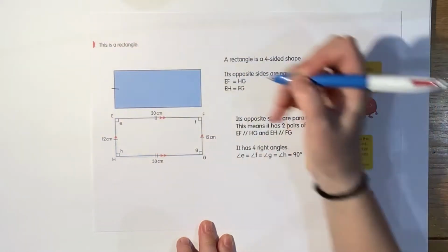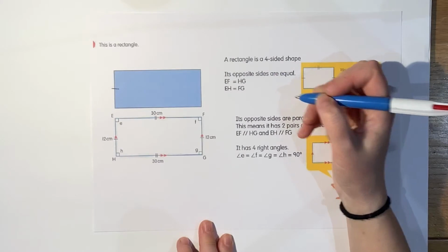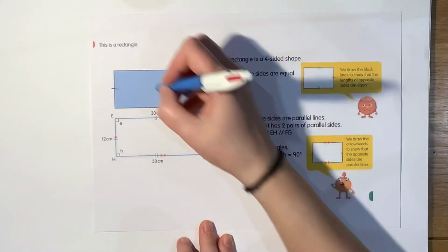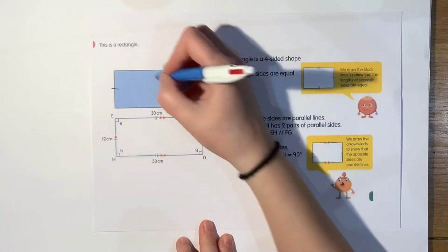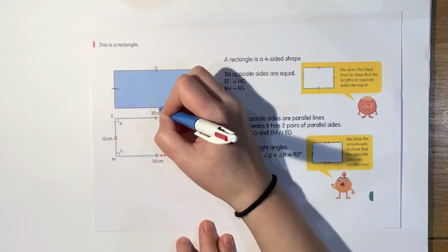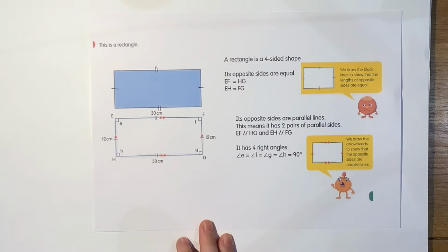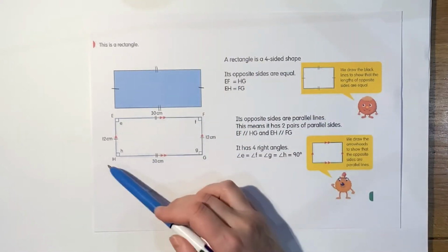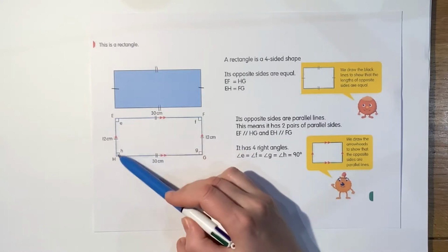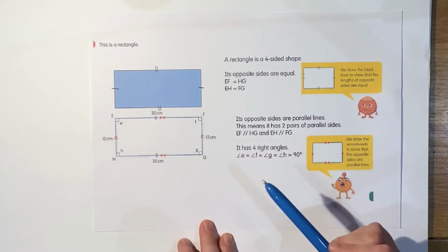That side is the same length as that one. And this side is the same length as that one. But they're not the same as these, so we can't do one line, we have to do two, to show that they're equal to each other. EF is equal to HG and EH is equal to FG.